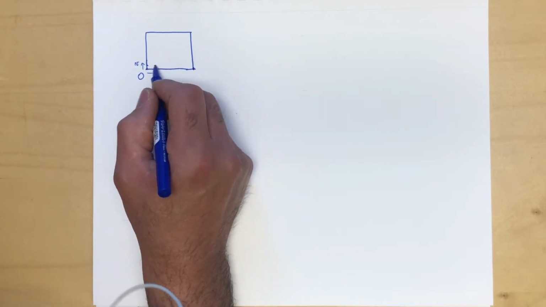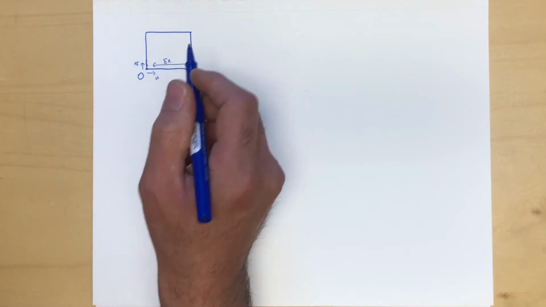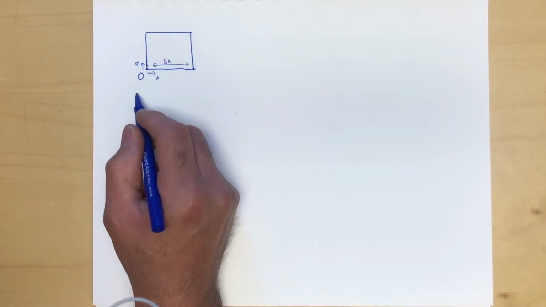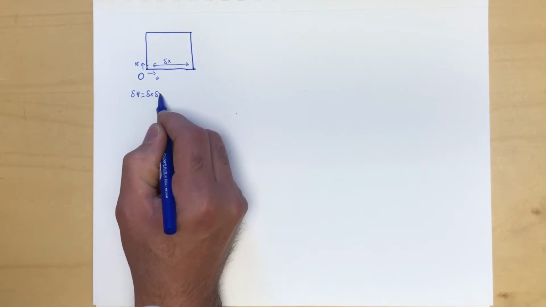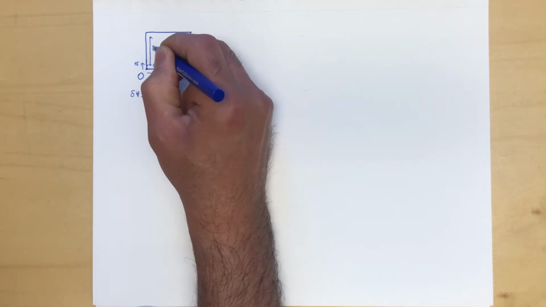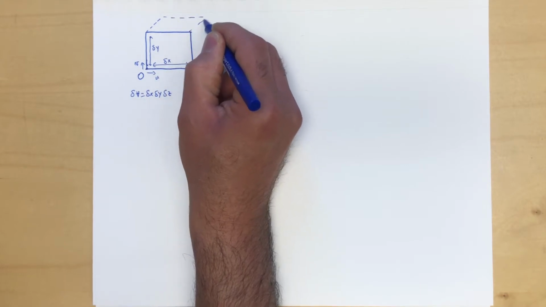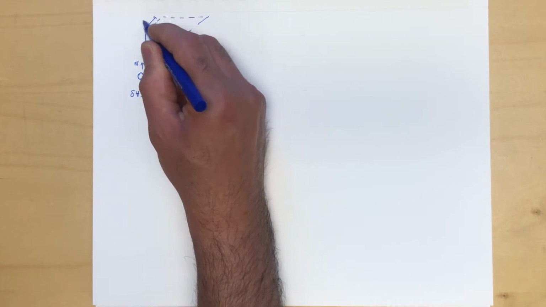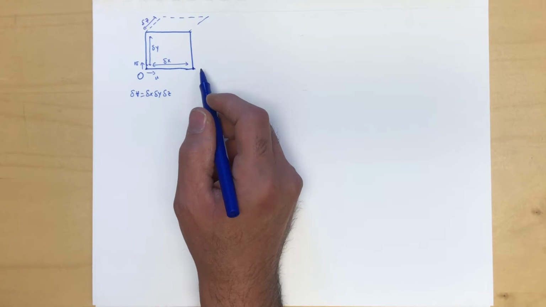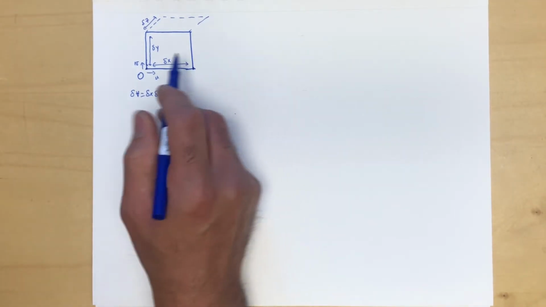So if we call this distance delta x, and this entire volume delta v equal delta x, delta y, delta z, this is going to be delta y, and delta z is going to be in the other direction.